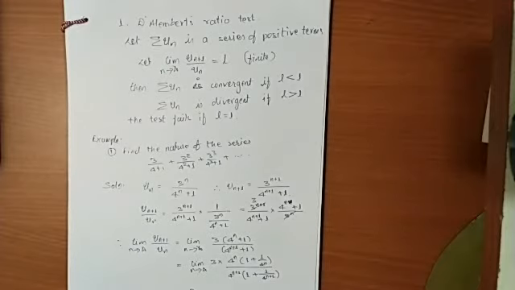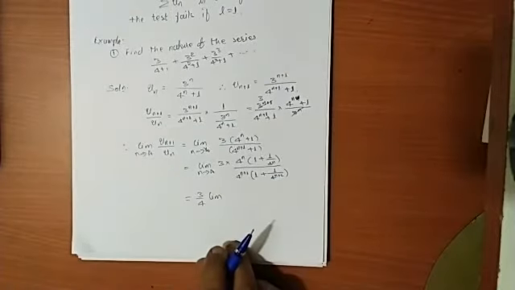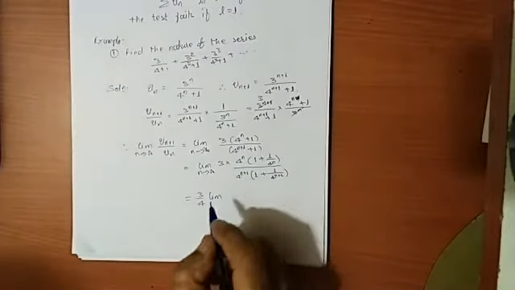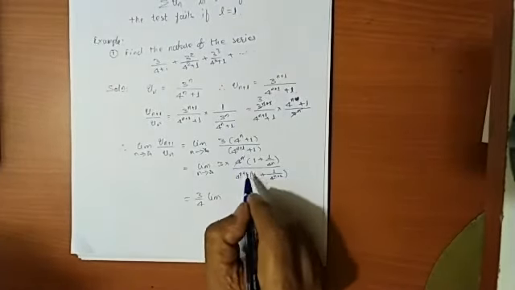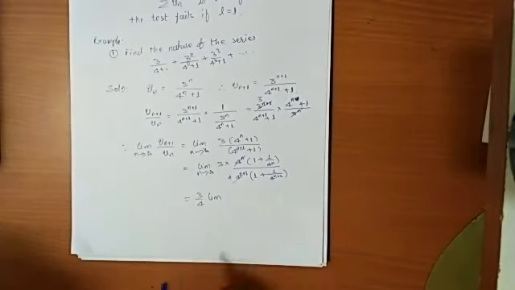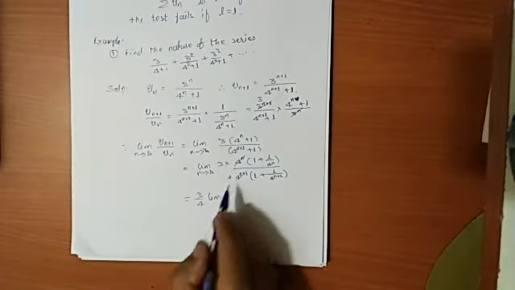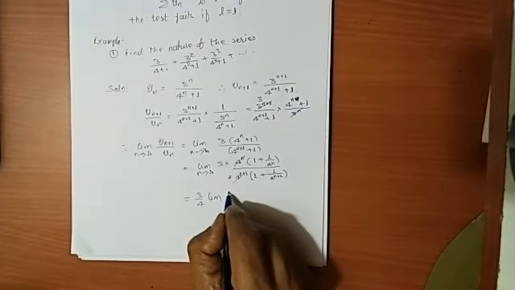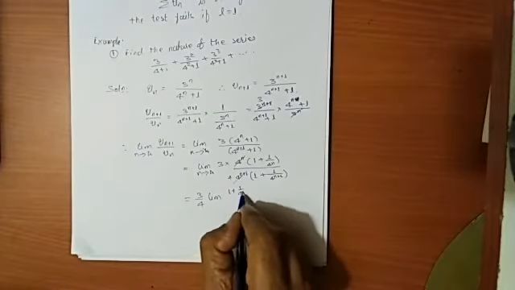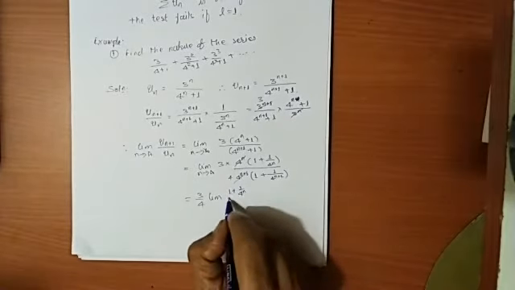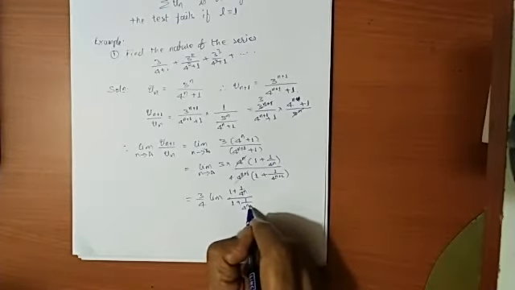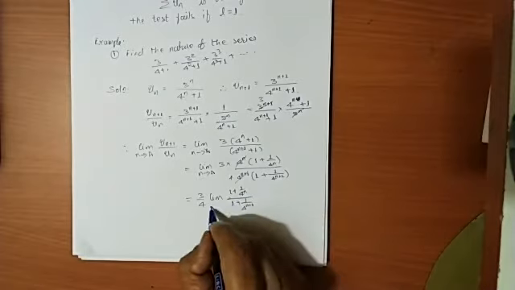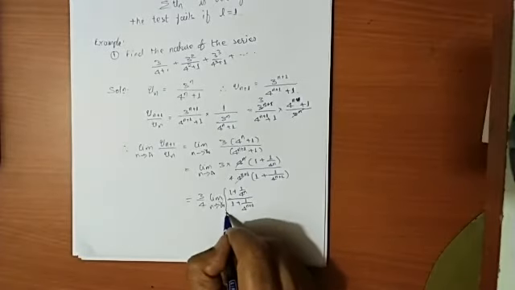So this will be equal to what? 3 by 4 times limit, because here 4 raised to n and 4 raised to n plus 1 cancel, leaving behind 4. So 3 by 4 times limit 1 plus 1 over 4 raised to n divided by 1 plus 1 over 4 raised to n plus 1, as n tending to infinity.